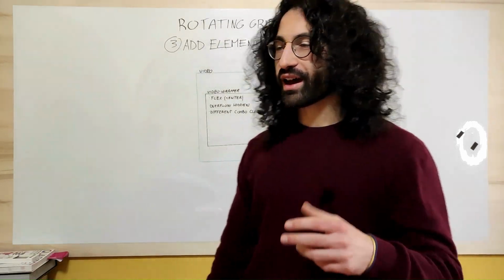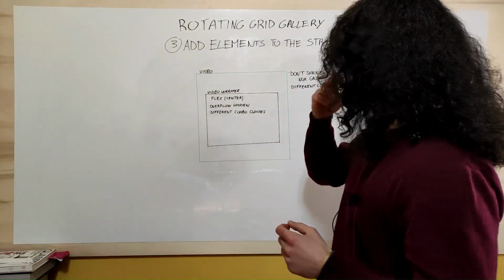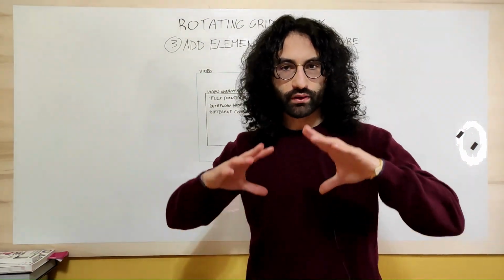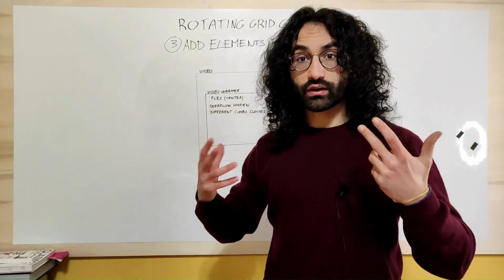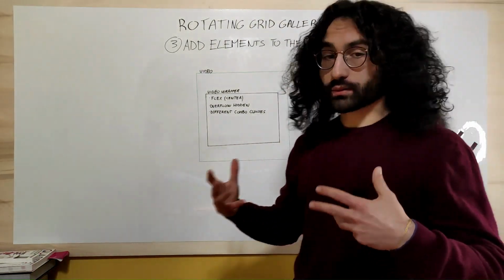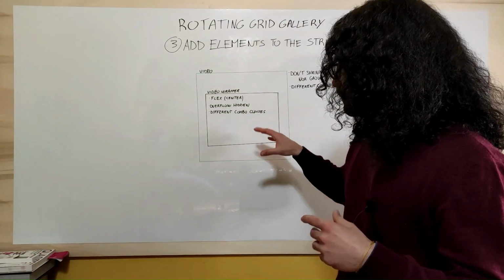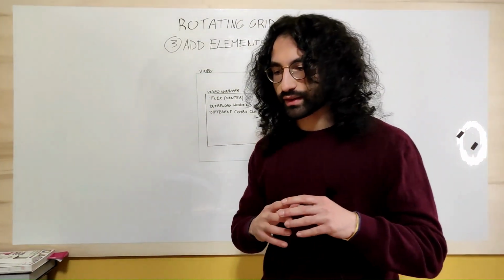And we have now arrived at step 3, add elements to our structure. Because we've already talked about the general layout that we are using, and we've already talked a bit about our video wrappers, we are just going to focus on one of them for the sake of simplicity.